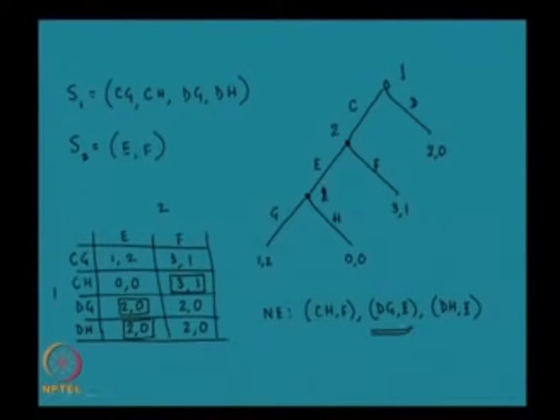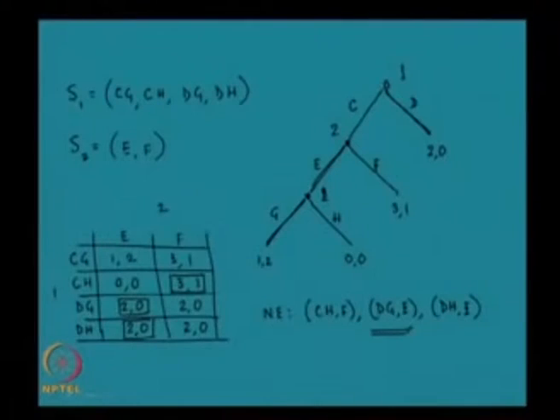this strategy profile DGE, D, G and E. Now, why is this a Nash equilibrium? If player 1 is playing D and G, then from player 2's point of view, if he deviates, how can he deviate?